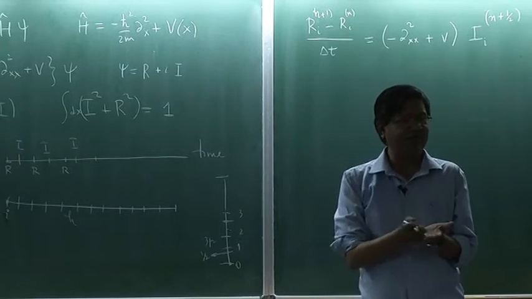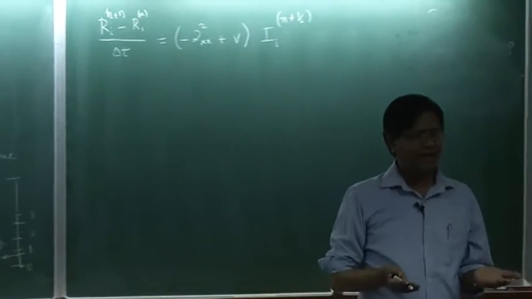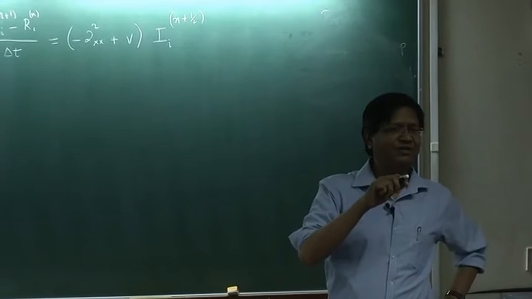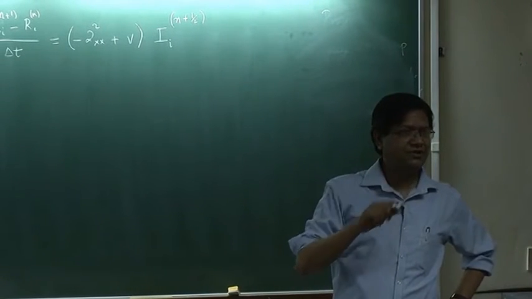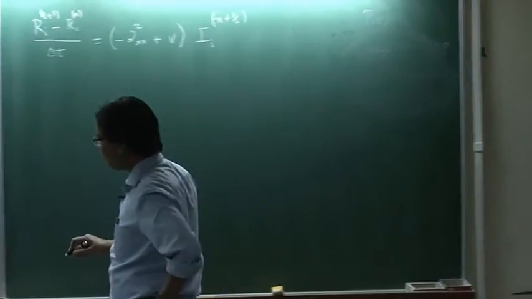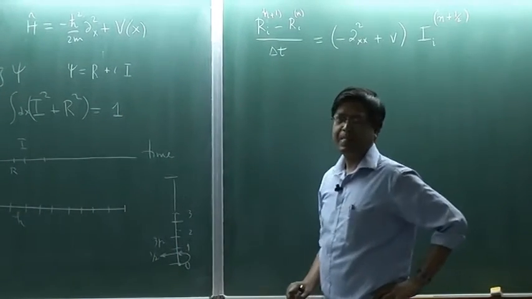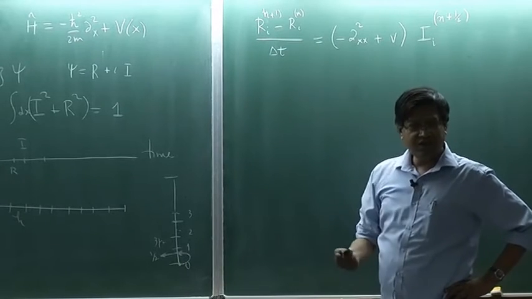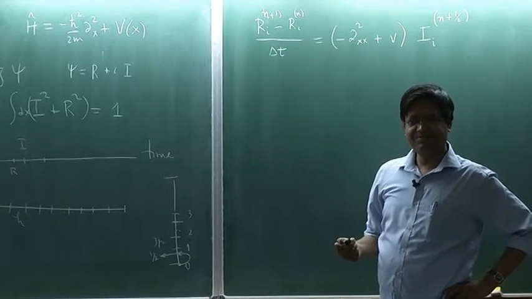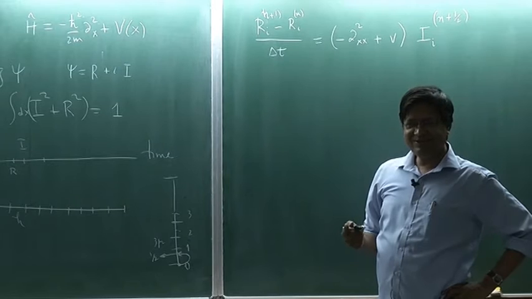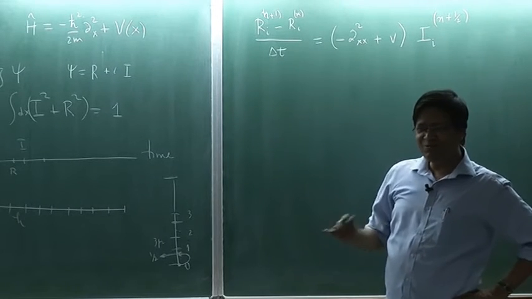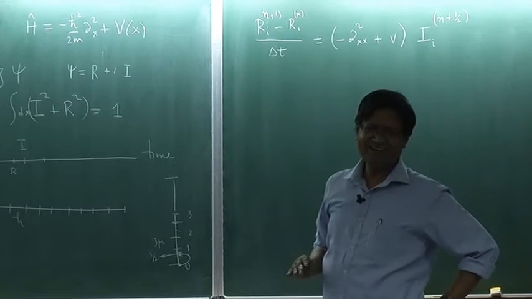So the wave function is normally given at some initial time, but I have to jump to half for the imaginary part. So for the first time step you can use Euler. For the imaginary part you have to go here. So use Euler to jump for the first time step. Now is that clear? You will just do the bookkeeping and you will get it right.